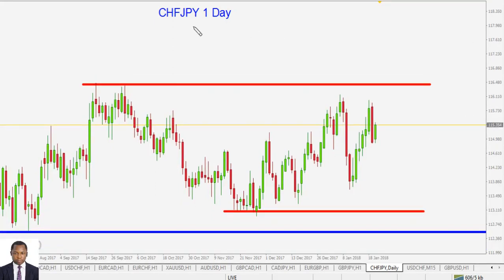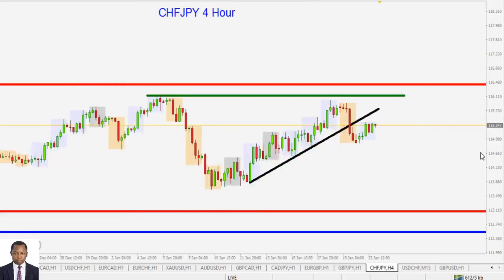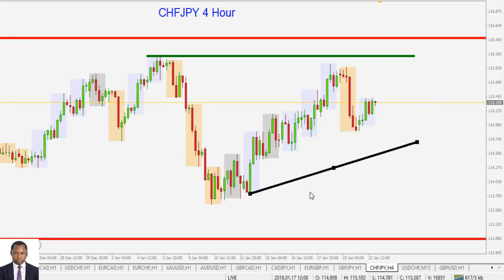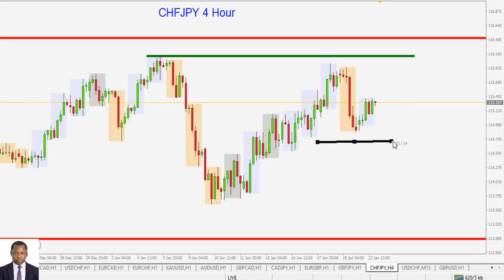Swiss franc against the Japanese yen, the daily time frame. Wide range there. For hours time frame, there is no trend collapse strategy here. No trend collapse setup.